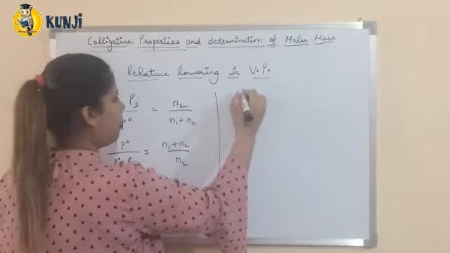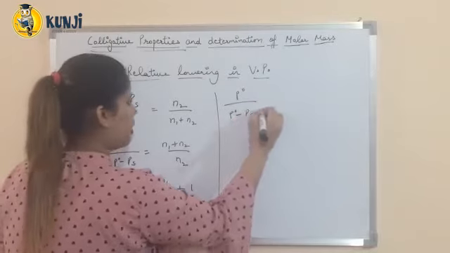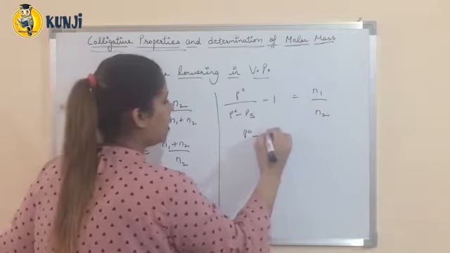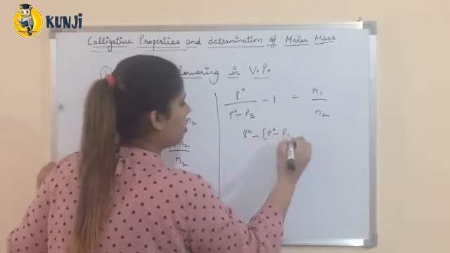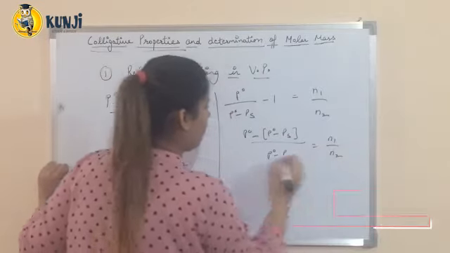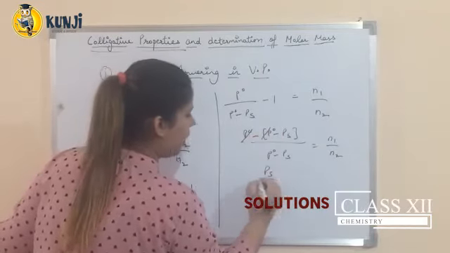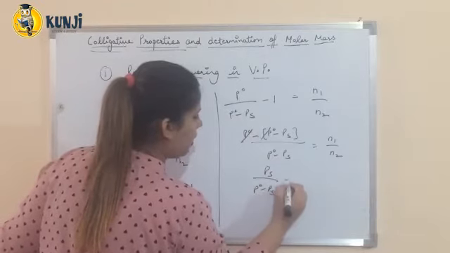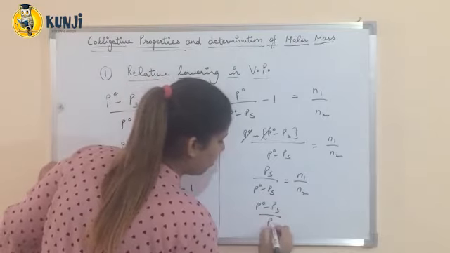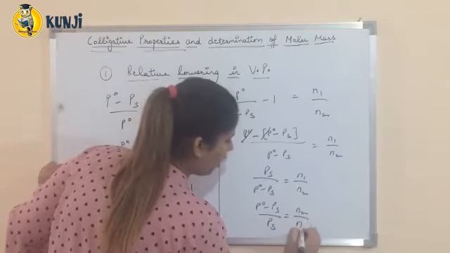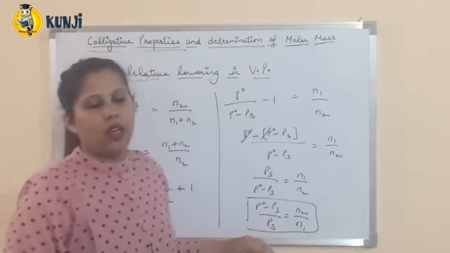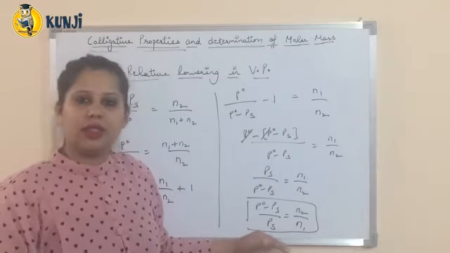Next step, P0 upon P0 minus Ps minus 1 is equal to N1 over N2. Take the LCM, then further we'll get Ps over P0 minus Ps is equal to N1 over N2, or P0 minus Ps over Ps is equal to N2 over N1. So this formula can be used either for the dilute solution or for the concentrated solution.